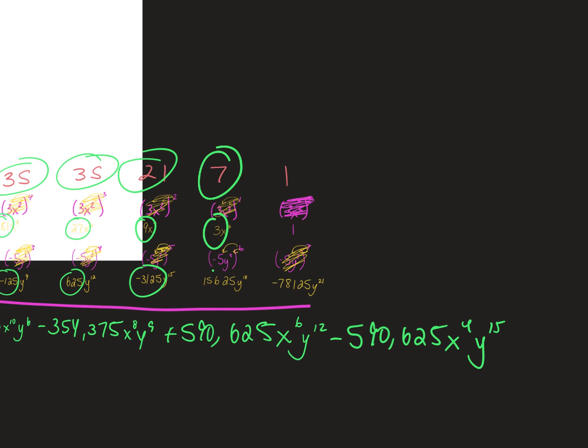7 times 3 times 15,625. What'd y'all get? 7 times 3 times 15,625 is 328,125? Yep, okay.